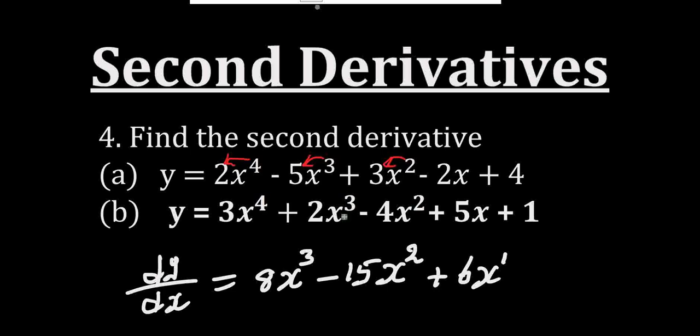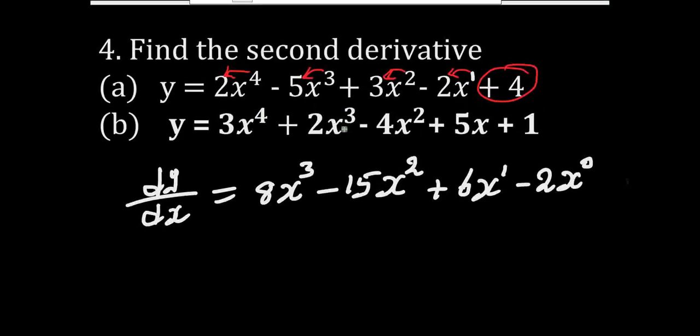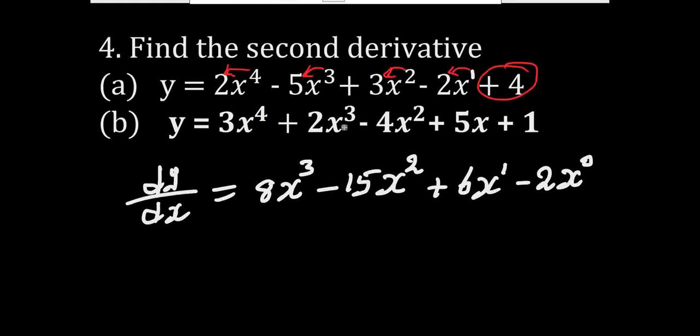And next, this x has 1 as the exponent. So 1 times 2 gives you 2. Reduce 1 by 1, that gives you 0, and you can simply ignore this value.